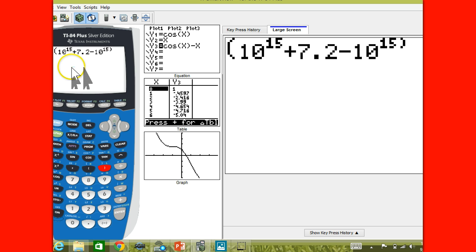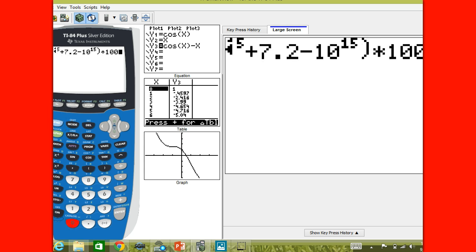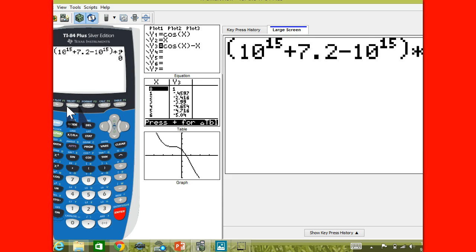Yeah, I should have 7.2. Let me back up and move that parenthesis. So right now I should have 7.2. Let's multiply that by 100. So what should I get for my answer? 7.2 times 100. 720.